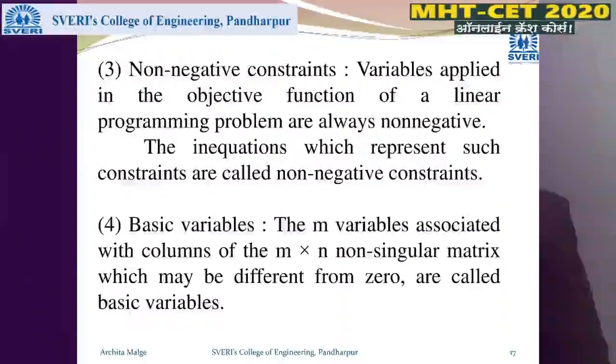Then basic variables. If m variables are associated with columns of the m by n non-singular matrix and may be different from 0, they are called basic variables. Suppose we have the equation z equals ax plus by. Here x and y are known as decision variables, and a and b are the constants.